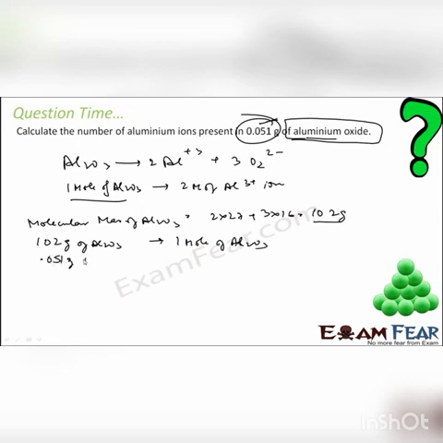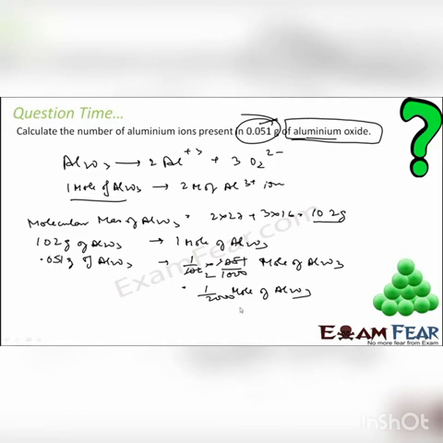And we are talking about 0.051 gram of Al2O3. So that means we have 0.051 by 102 mole of Al2O3. So you solve this, what you get? You get 1 by 2000 moles of Al2O3, right?